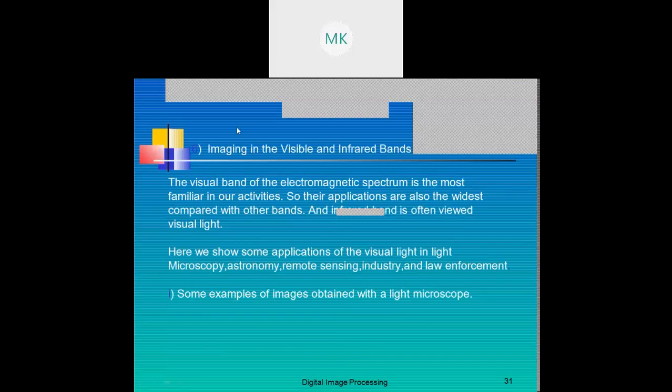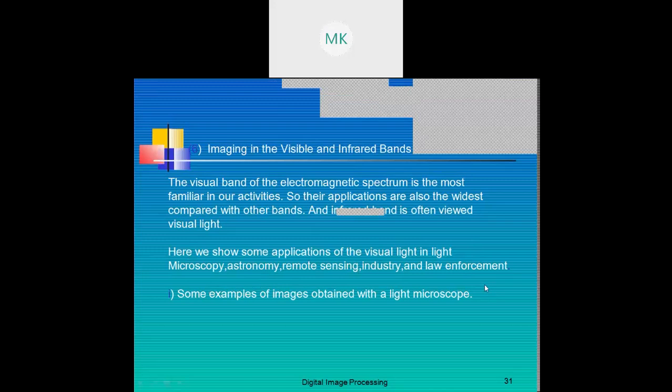Imaging in the visible and infrared bands. It makes use of the electromagnetic spectrum, which is considered to be the most familiar in our activities. The different applications are in the medical field, remote sensing, industry and law enforcement.